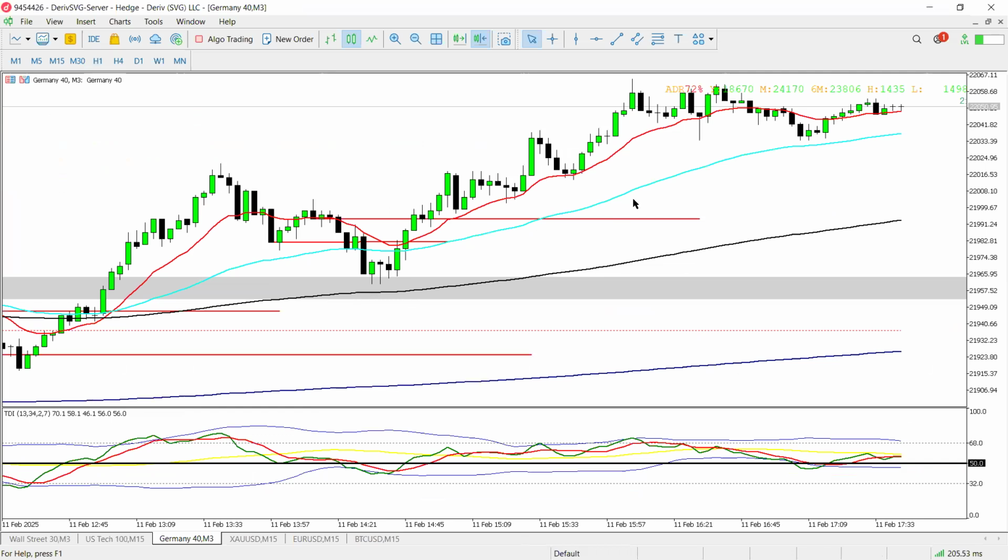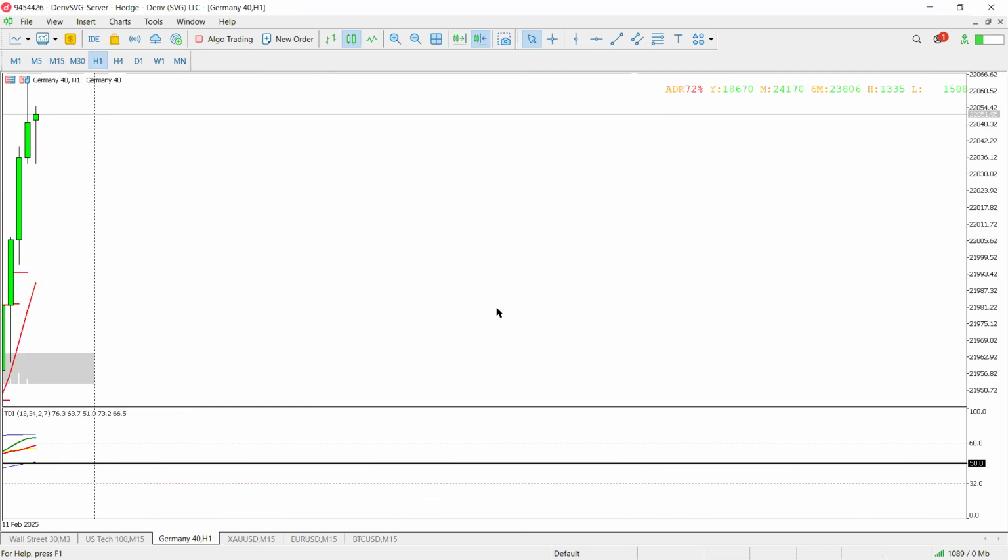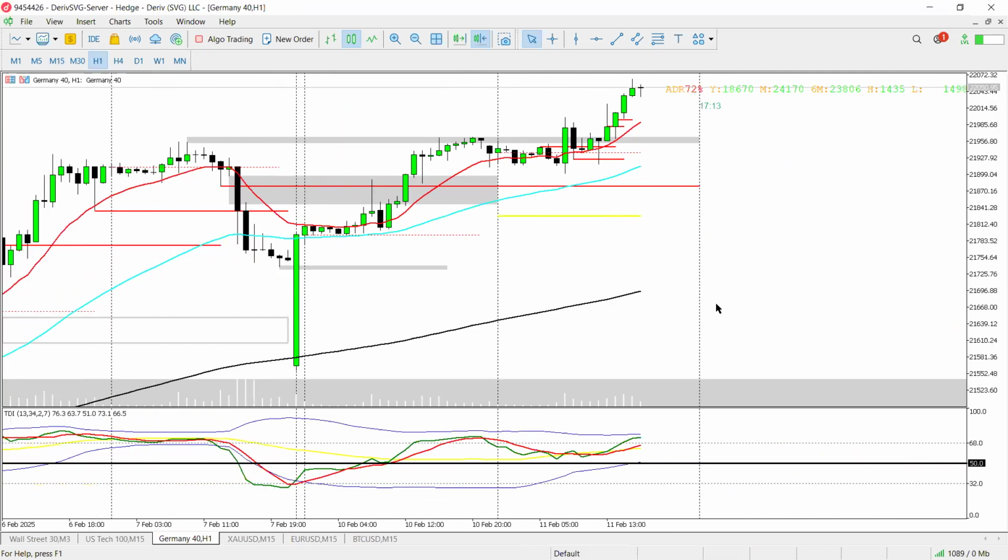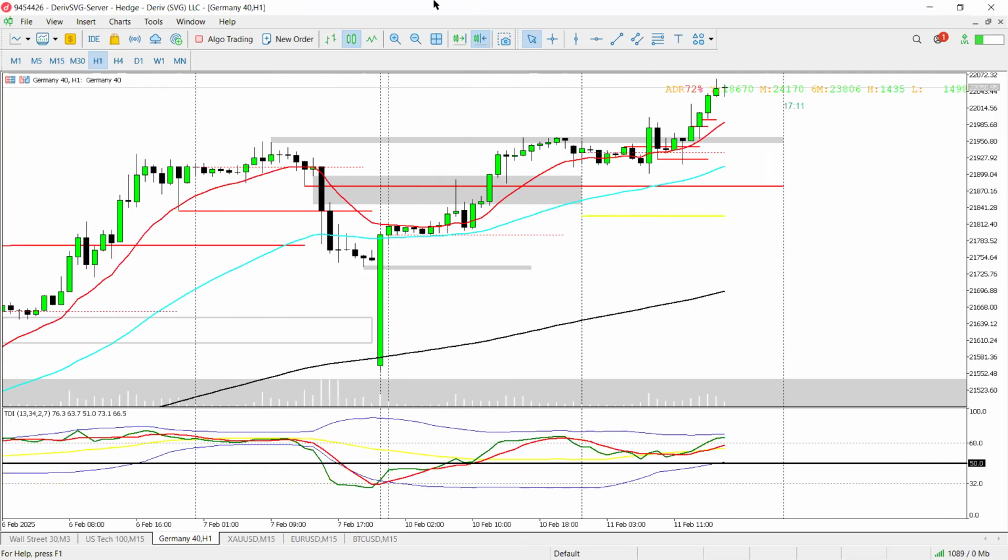Let's quickly check on currencies and indices. So here you can see we are coming above, right? This is a sign for us that this asset, which is German 40, is currently setting all-time highs. So with what we are looking at right now, the TDI has now come above the 50 static.